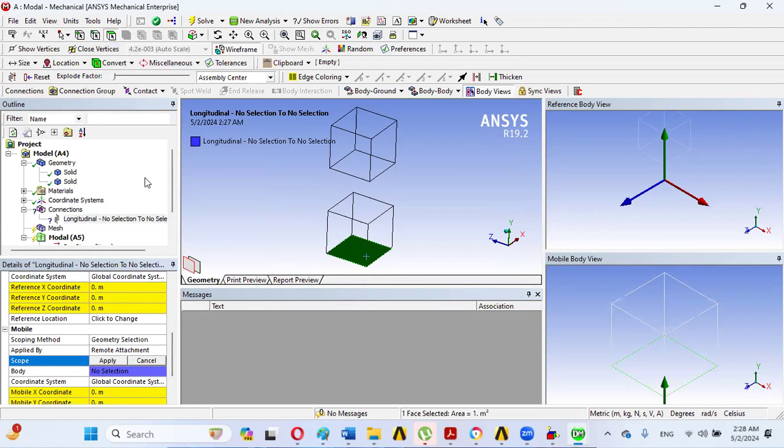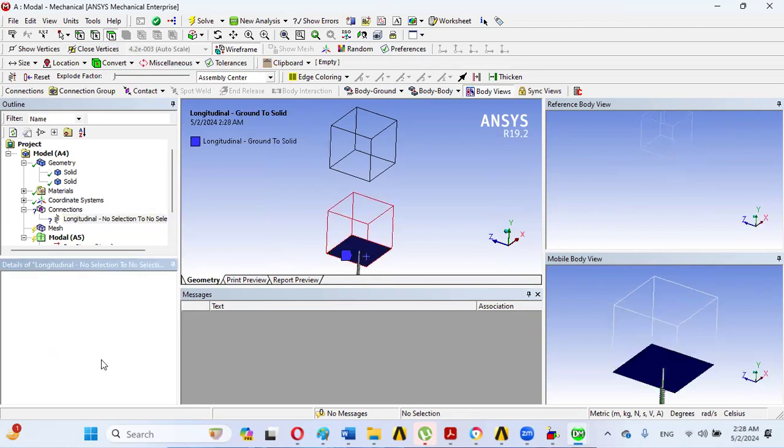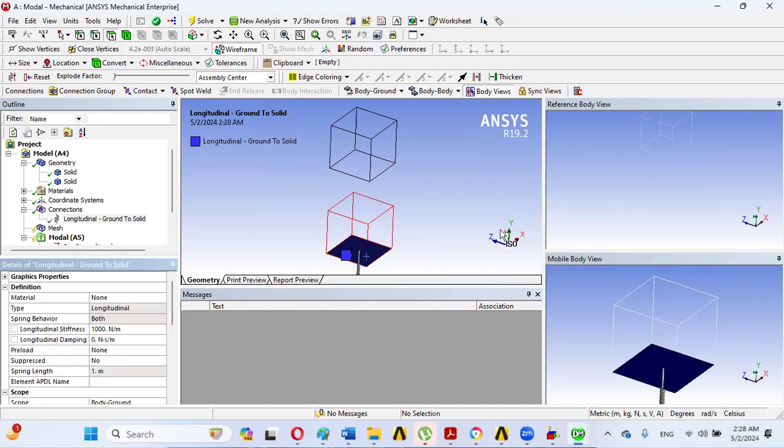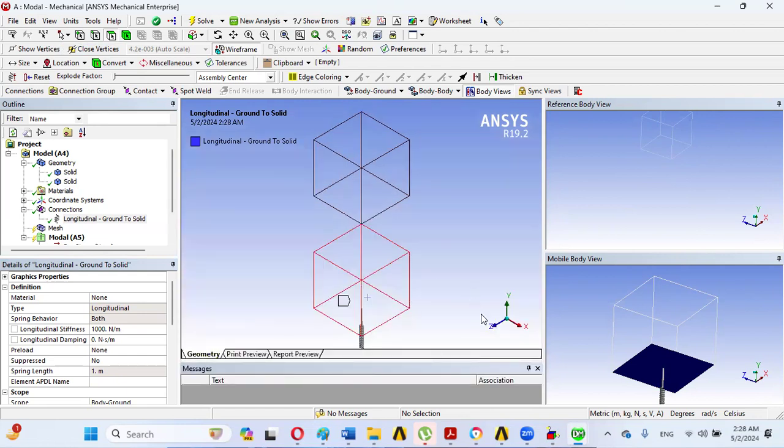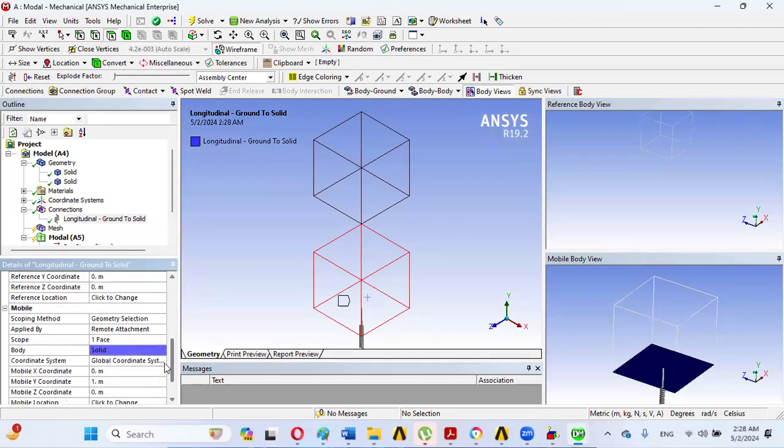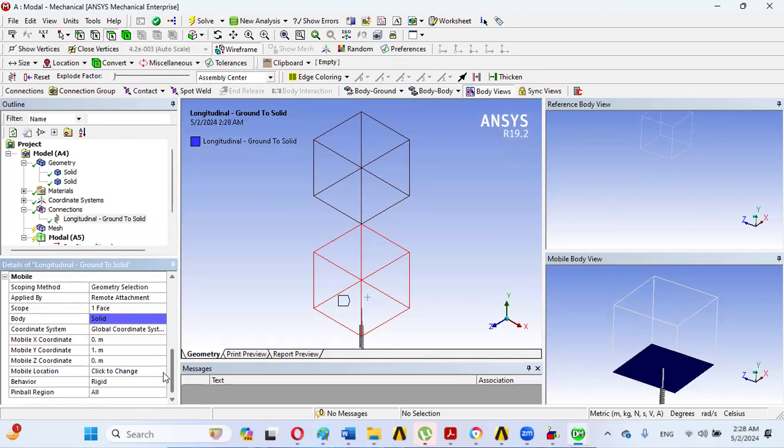And this face has been shown here, and after that we can observe that a spring has been installed in the lower face here, and now we will be setting its length. So here we can observe that its mobile coordinate is y.